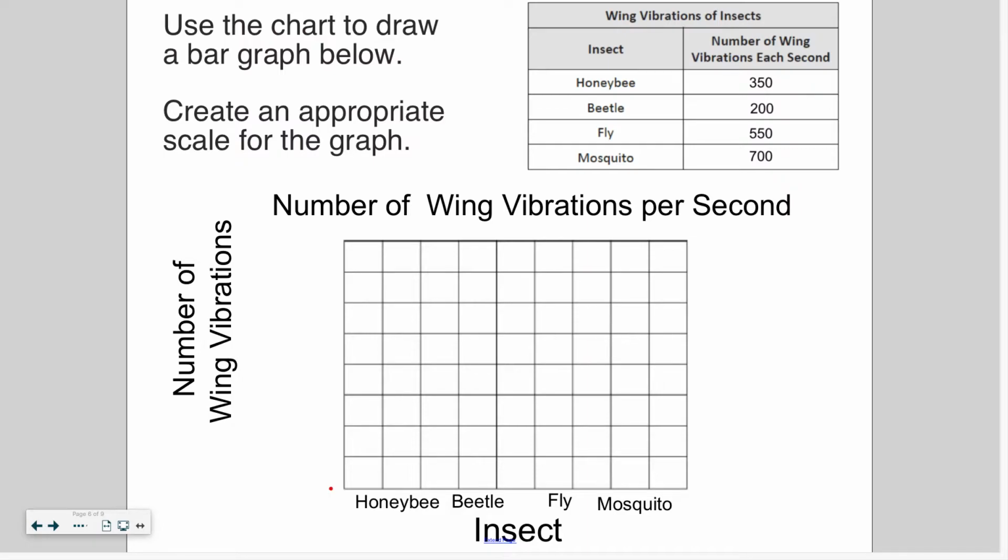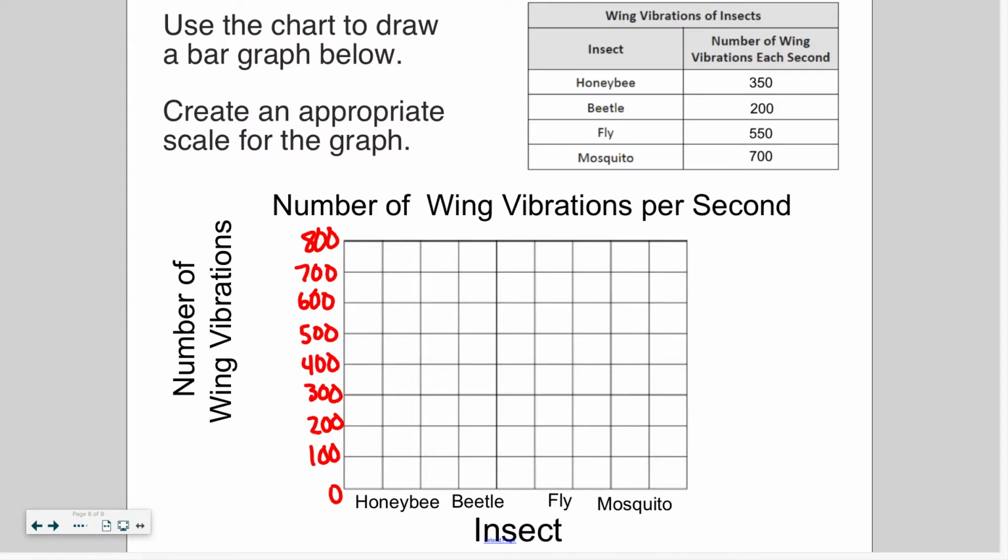So let's try that. So 0, 100, 200, 300, 400, 500, 600, 700, and at the very top, 800. So I know all these numbers will fit now. I have honeybee first. So I'm going to fill it in this middle column here.